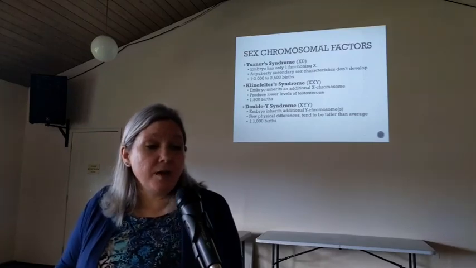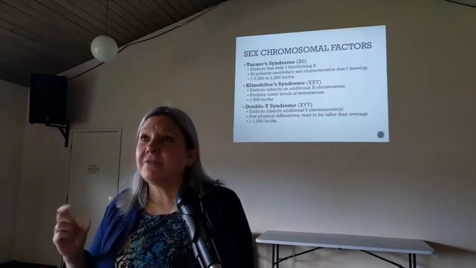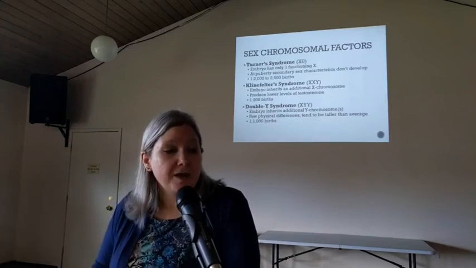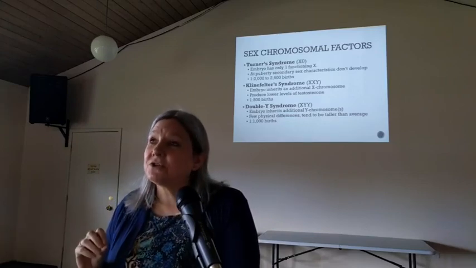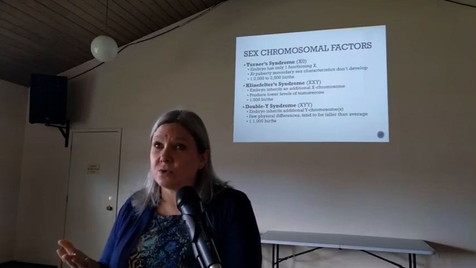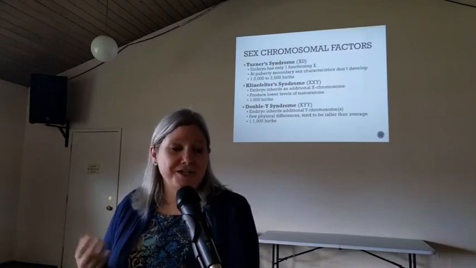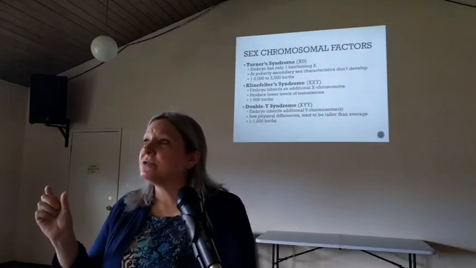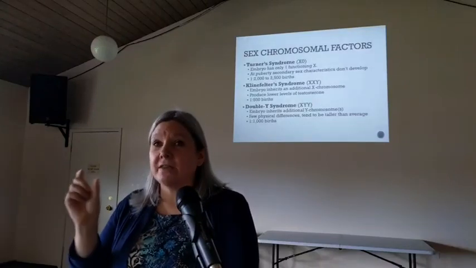And then a couple genetic variations that happen with Y chromosomes. So the Klinefelter syndrome is a disorder or condition, I should say, where an embryo inherits a second X. So instead of having just XY, they have an XXY.